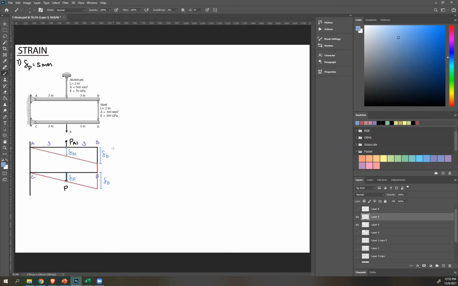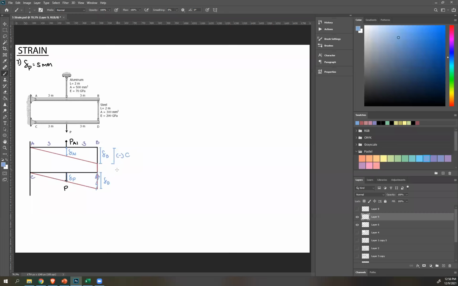Okay, so let's analyze it one by one. So this part, again, this is the original steel part. If this point B ended up here, that means it created a compression in your steel. So you can write here, this is negative because it's in compression.